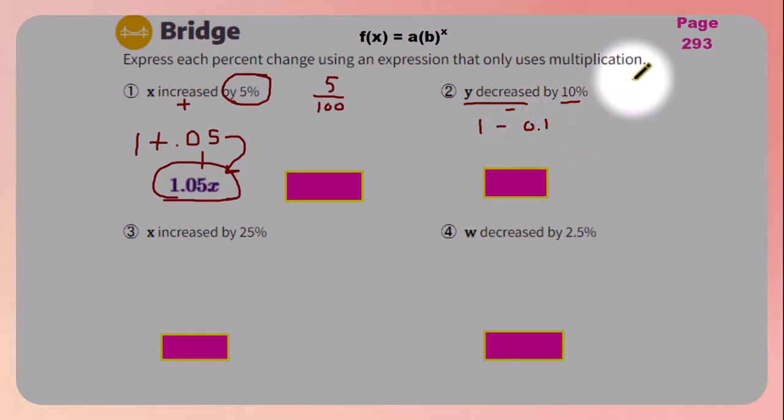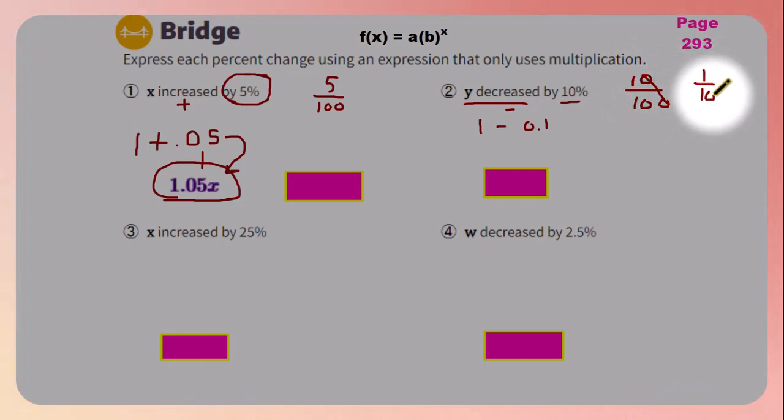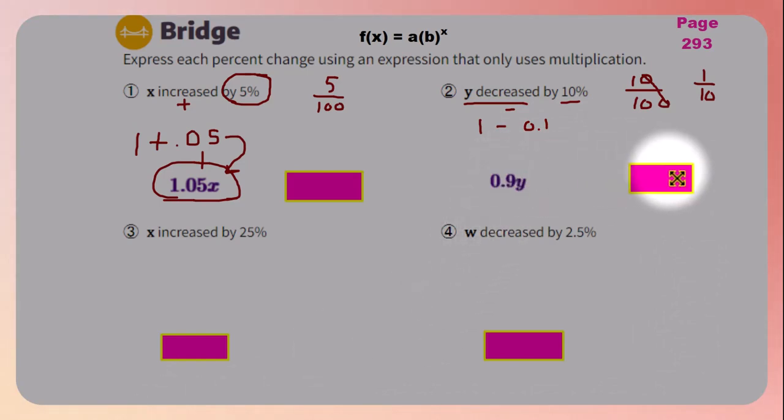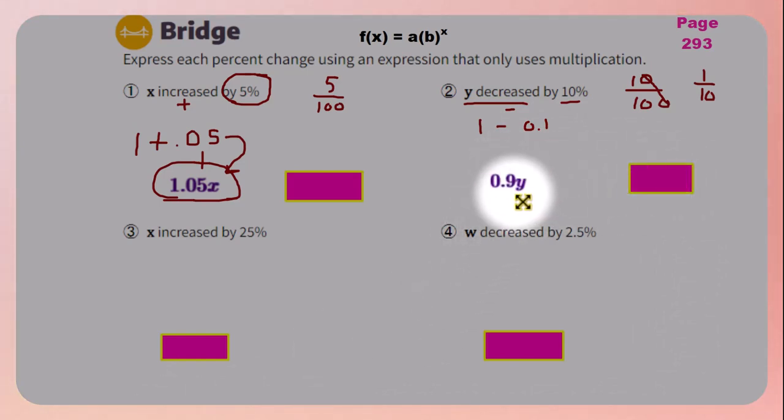Remember, percent is over 100, so this is 10 over 100. That reduces to, if we divide top and bottom by 10, 1/10. You can write 1/10 as a decimal this way. So what is 1 minus 1/10? It's going to be 9/10.